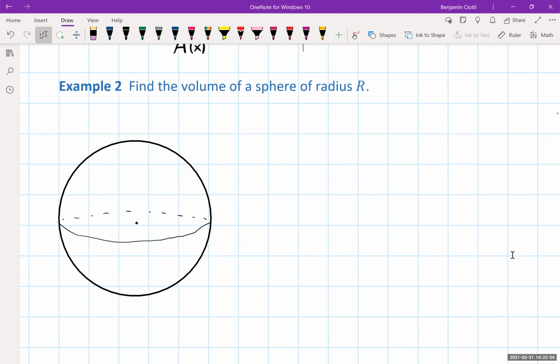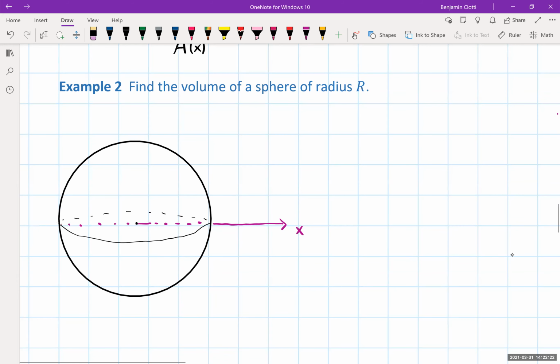The way I'm going to do it is I'm going to set up a coordinate system. So how about I just choose the x-axis to point to the right. And I guess we can have the y-axis point up.